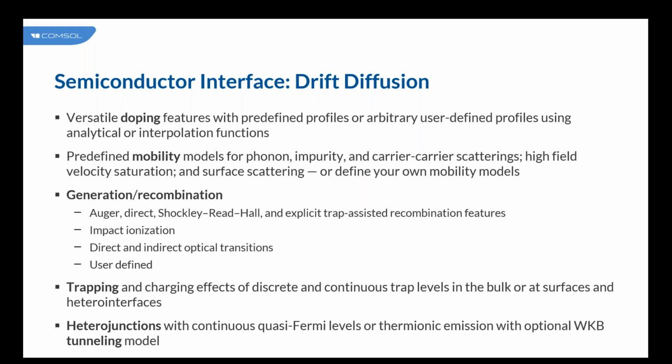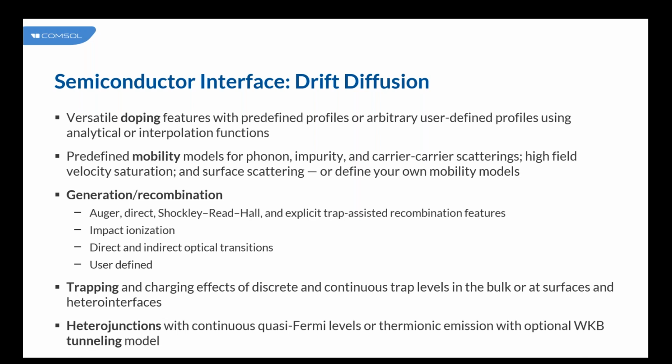You also can define the trap density in your geometry, similar to doping profiles. And heterogeneous junctions, you can use the default continuous quasi-Fermi levels. We also support tunneling and the WKB method, as well as thermionic emission. We also have FN tunneling through the floating gate to semiconductor.